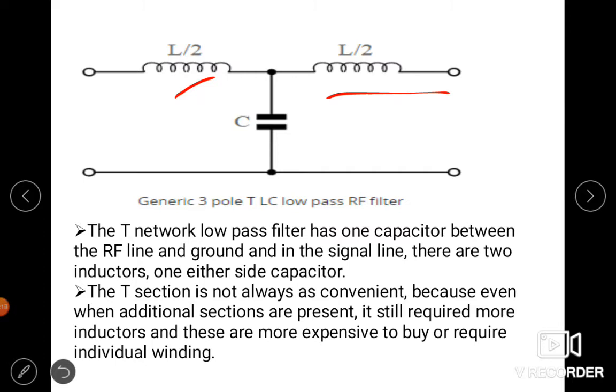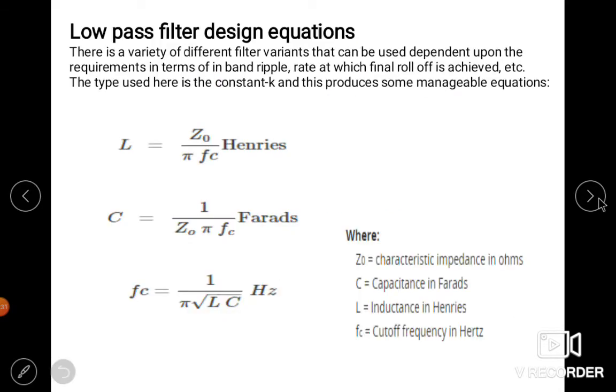So what we have to do, once we have designed this particular section, is see the low pass filter design equation.